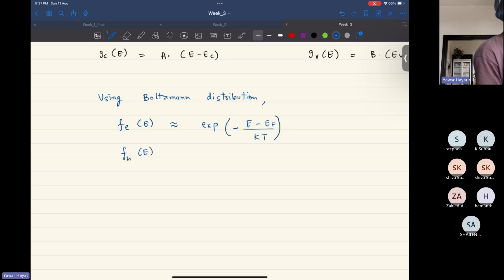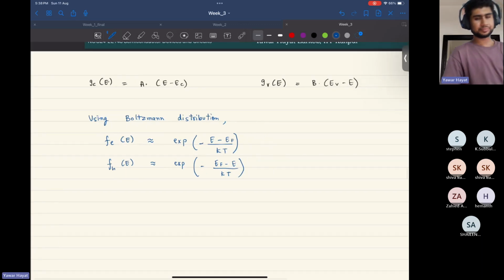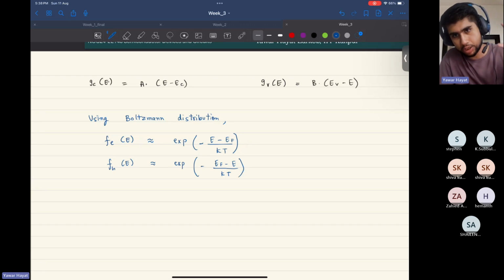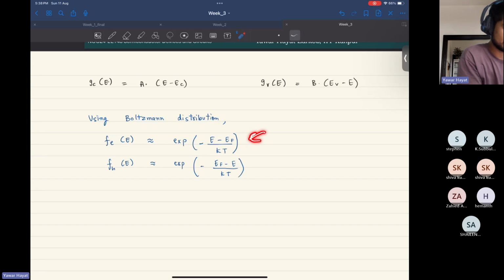And FH of E is approximately exponential of minus EF minus E by KT. What have I done actually? In that Fermi-Dirac distribution, if you ignore 1 in the denominator and only consider the exponential part in the denominator, you'll arrive at this. Okay, neglect 1 in the denominator in the Fermi-Dirac distribution, you will arrive at the Boltzmann distribution.